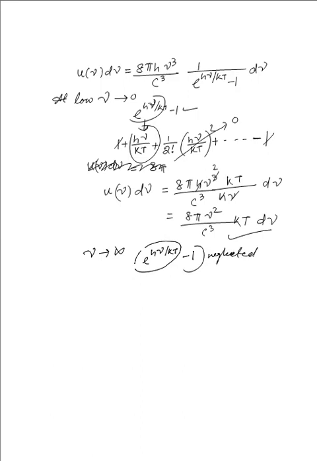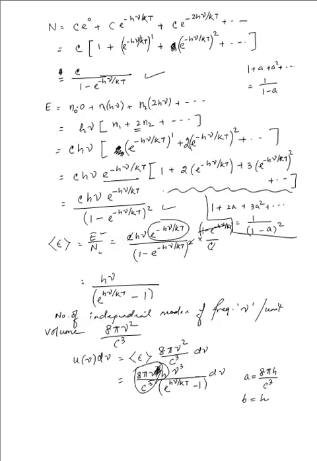With the 1 neglected, we end up with u nu d nu equal to simply 8 pi h nu cube divided by c cube, 1 by e to the power h nu divided by kt. The 1 is gone, and this is d nu, and this is exactly the formula that we had discussed.